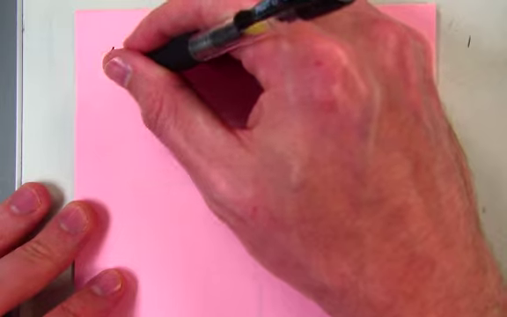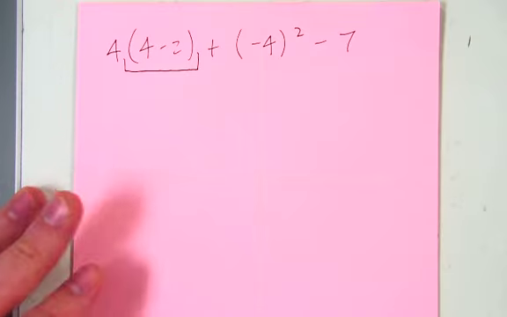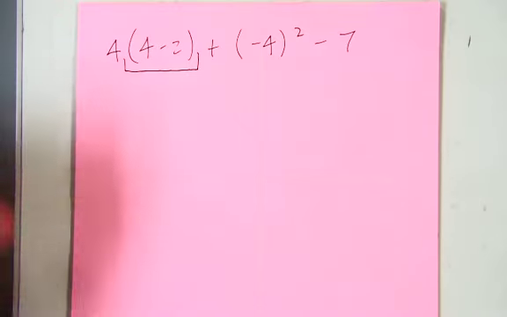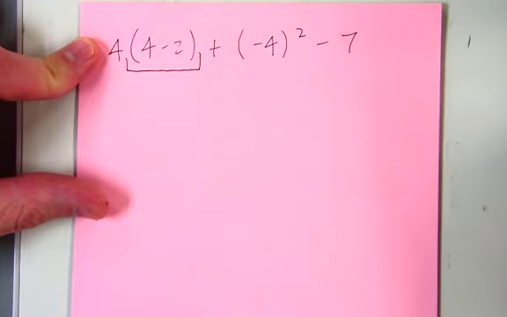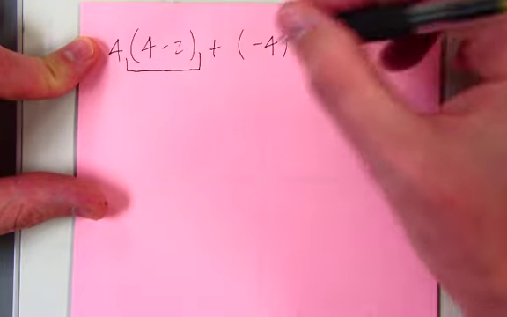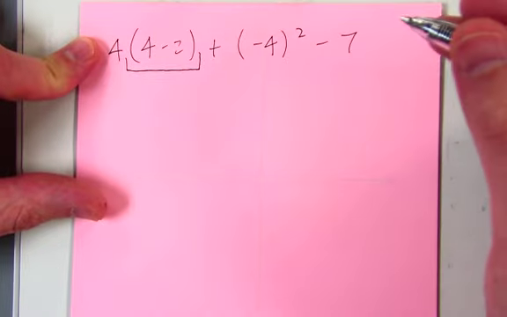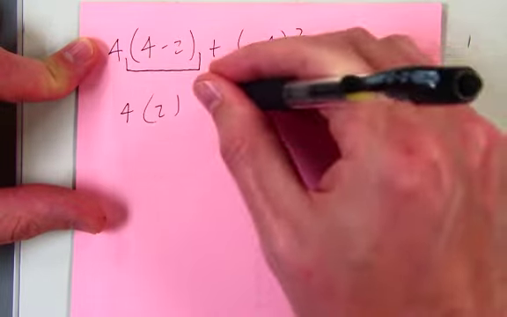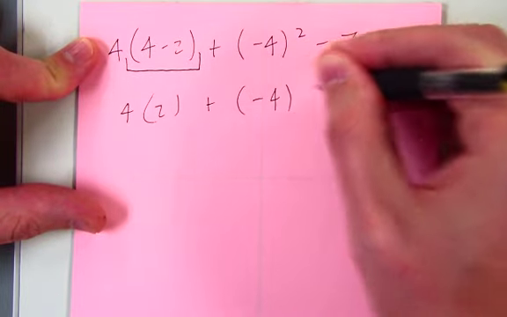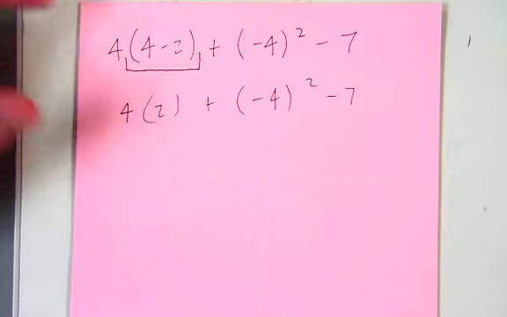We have one operation inside of a parenthesis over here, so I'm going to start there. There is a parenthesis here, but there's just one number inside there, so there's nothing to evaluate. So this is my only set of parenthesis calculations to do, and it's just 4 minus 2, so don't make this difficult. That's just going to be a 2, and then we're going to bring everything else on down. Okay, so there's my first step out of the way.